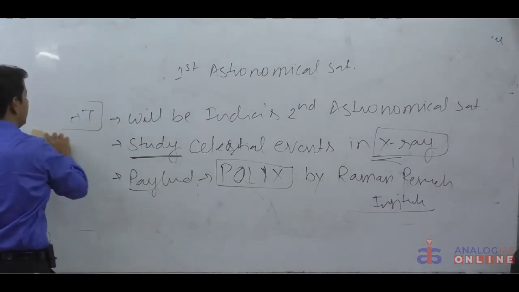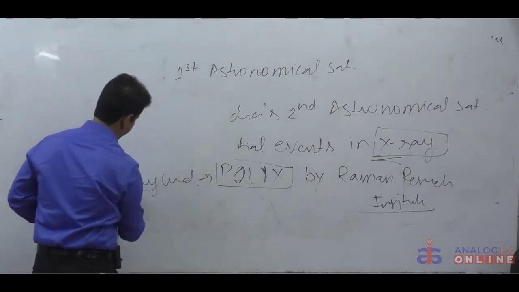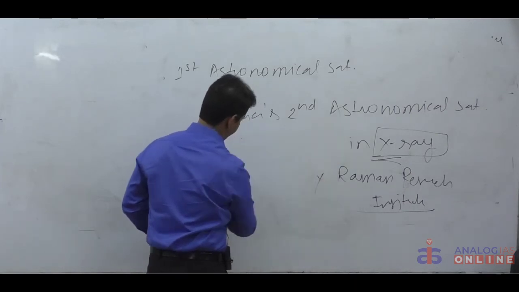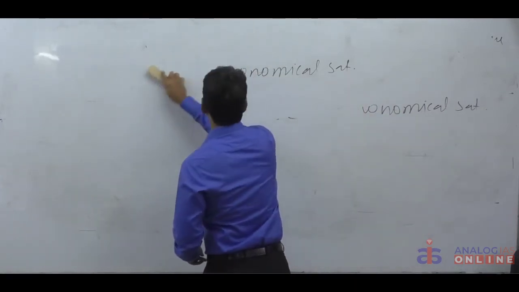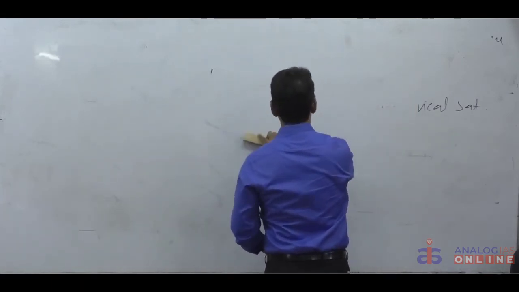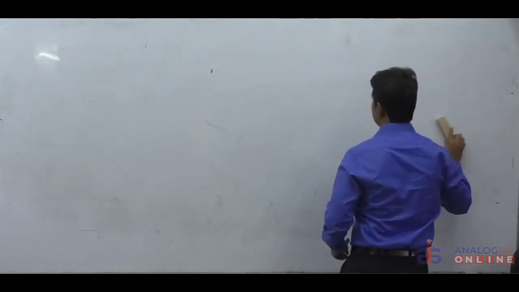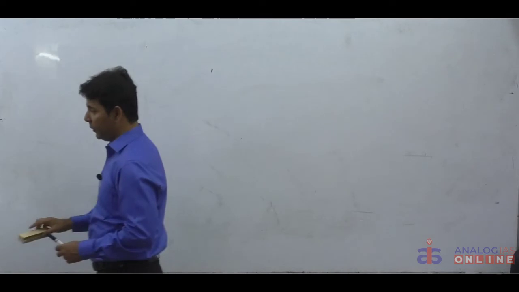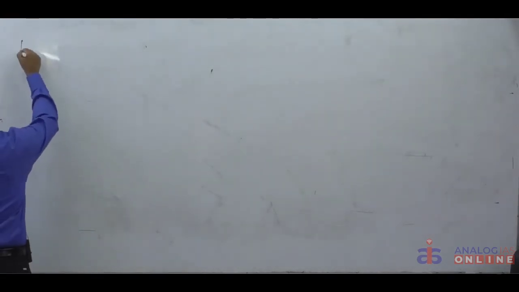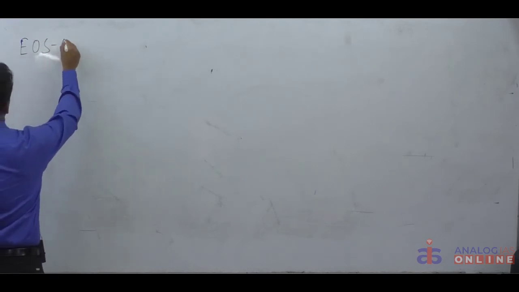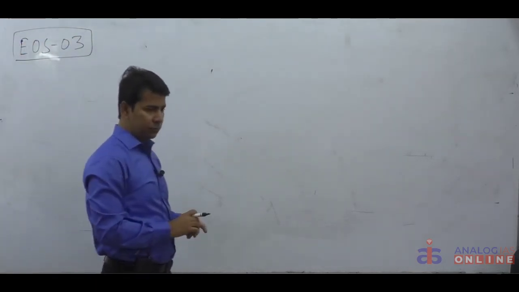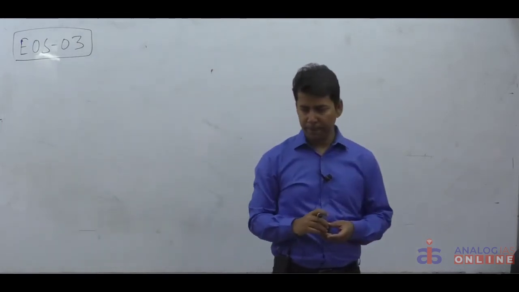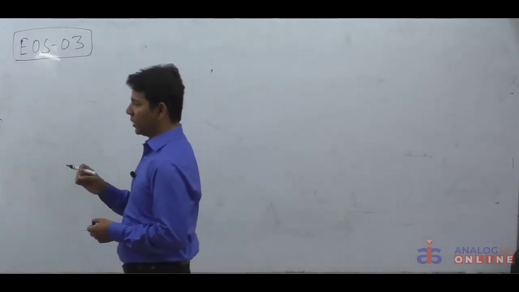there is one more thing that we have talked about, and this was a very important aspect of the Indian space segment, but it failed basically. And if you remember, we have talked about EOS 03, Earth Observation Satellite 03.